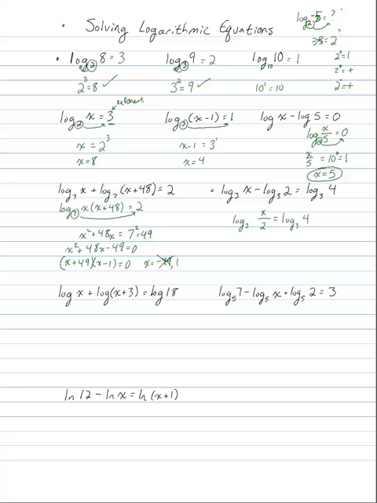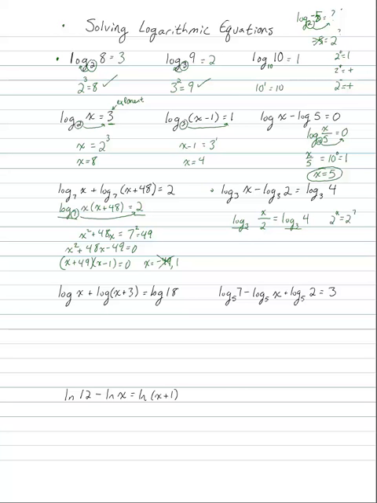So it looks a little different. This time I don't have a log and a number. Before, when I had a log and a number, I took that base, swung it over, and made that exponent an actual exponent where it's supposed to be. This time I have a log base 3 equals a log base 3. Well, the log base 3 parts are the same. So it's kind of going back to where you had 2 to the x equals 2 to the 7, where your bases were the same.